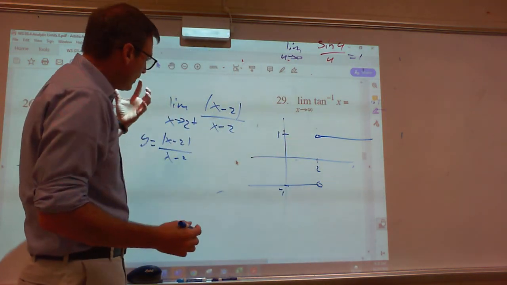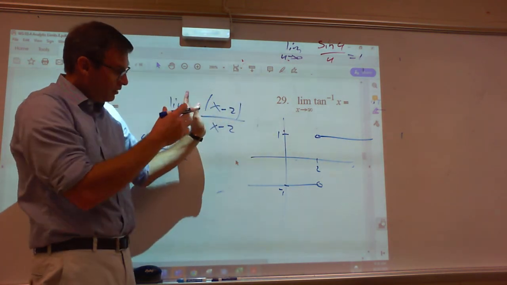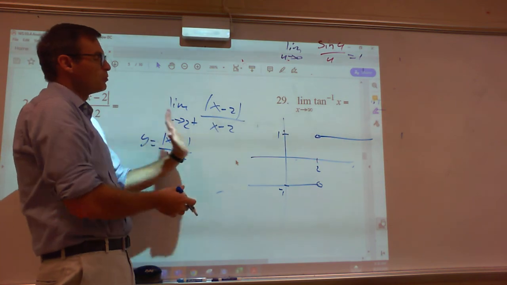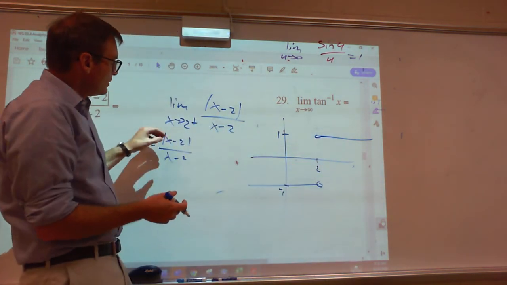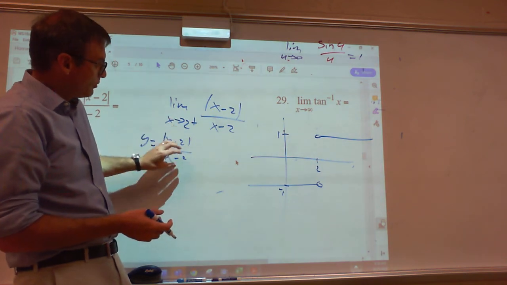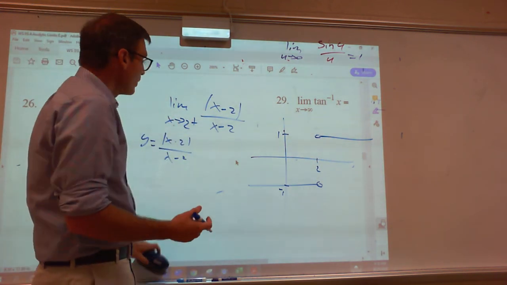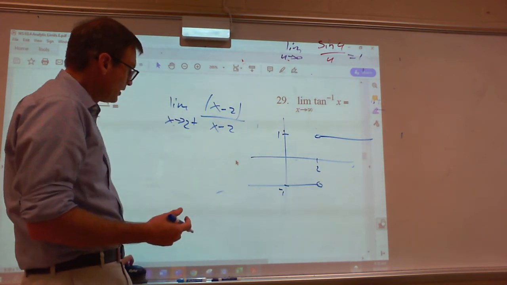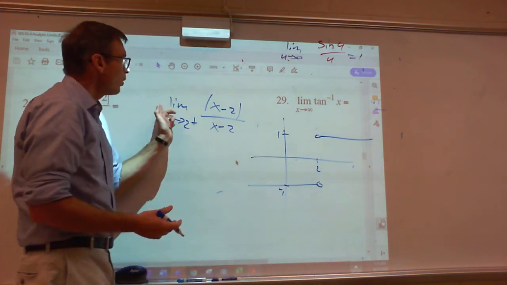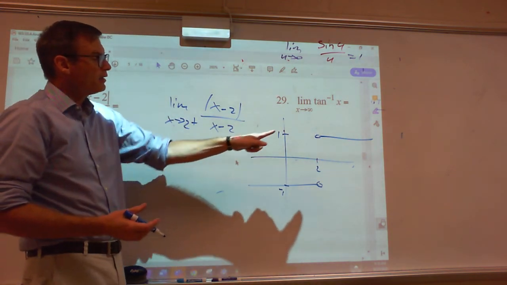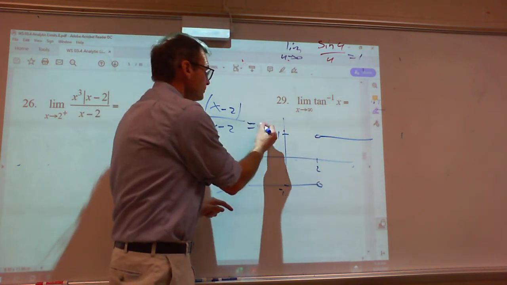If you plug in anything above 2, you're at 1. If you plug in anything less than 2, you're going to get a positive number over the negative of the exact same number, so it's going to give you a -1. So this graph is this. And if I want to know the limit as x approaches 2 from the right, well, that's my picture, that means this is approaching 1.